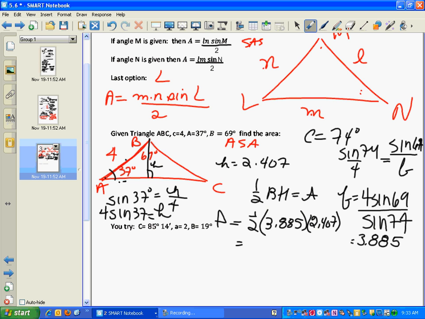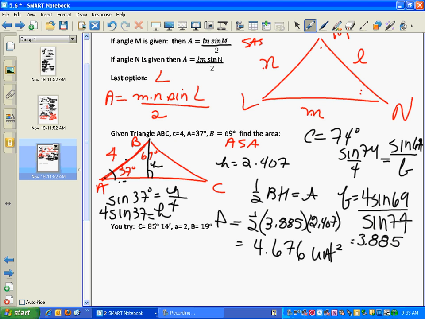So what does that leave my area to be? What is it equal to? 4.676 units squared. Did y'all get the same answer?